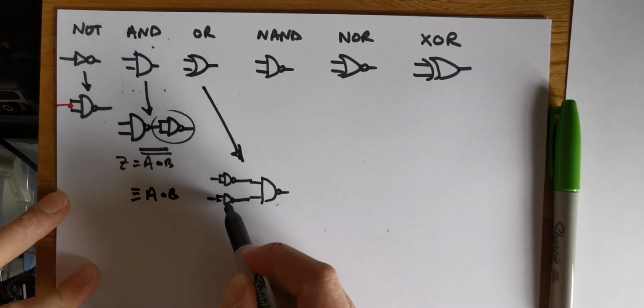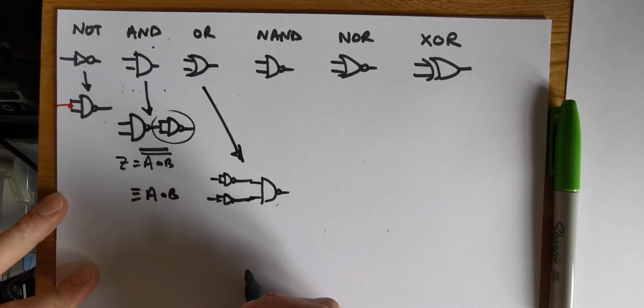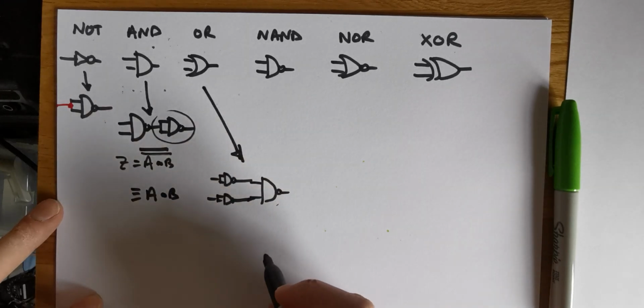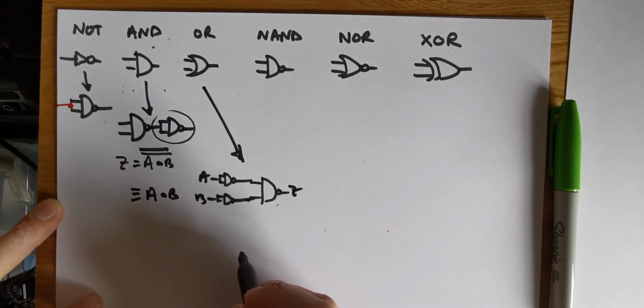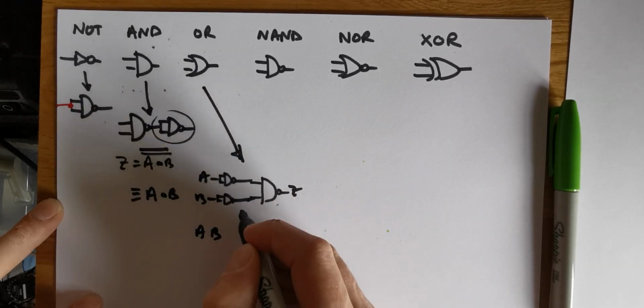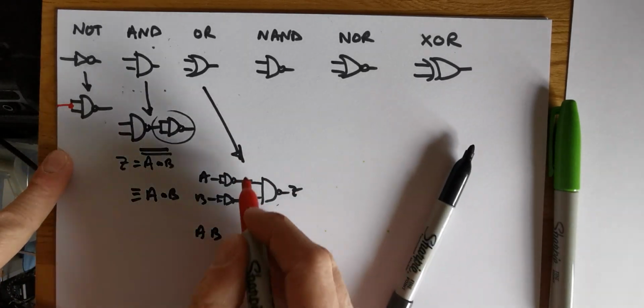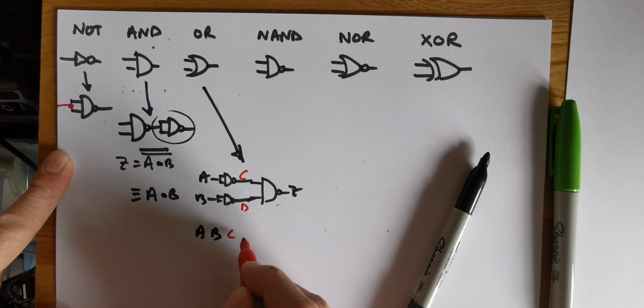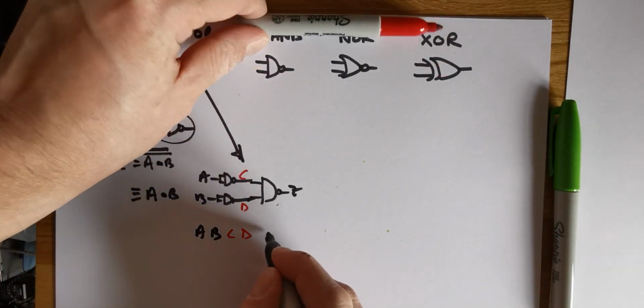So a NAND gate with inverted inputs operates as an OR gate. You just need to take that as gospel. You could do the truth table for that if you wanted to prove it: A, B, Z, A, B, we've got intermediate signals, C and D here, and we've got our output Z.